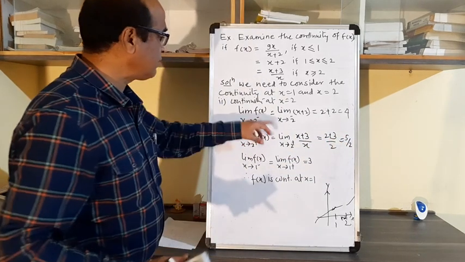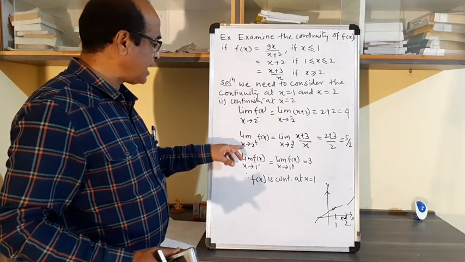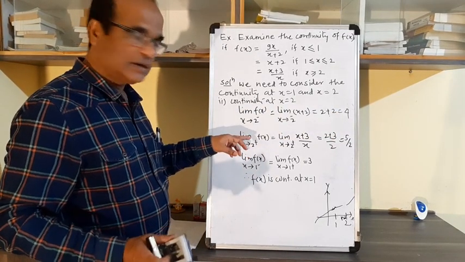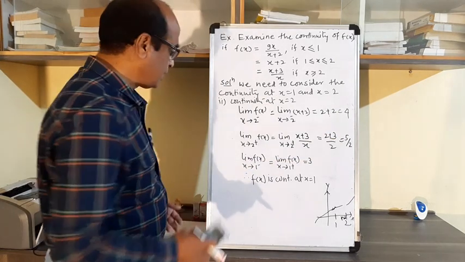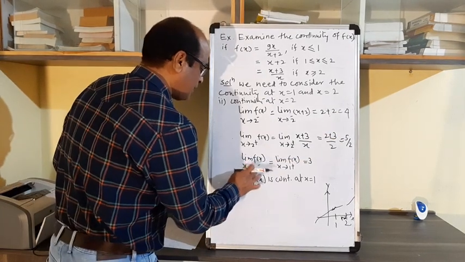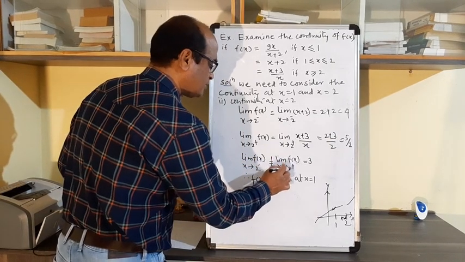So at x is equal to 2, the left hand limit is 4 and the right hand limit is 5 by 2. Here the left hand limit is not equal to the right hand limit.